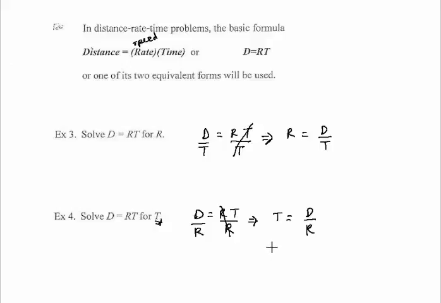Okay, so we have basically 1, 2, 3 formulas built into one. This is the only one that you really need to memorize. These other 2 can just be derived using algebra. So just memorize D equals RT.